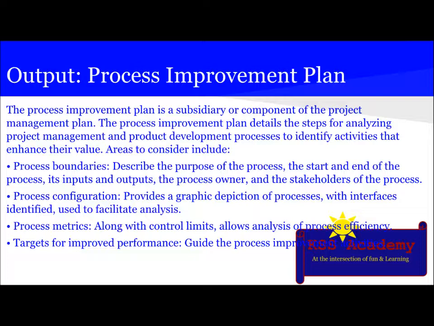The next area is process configuration, which provides a graphical depiction of the processes with interfaces identified, used to facilitate analysis. The next thing is process metrics, along with the control limits, which allow analysis of process efficiency. The next thing is targets for improved performance, which guide process improvement activities.